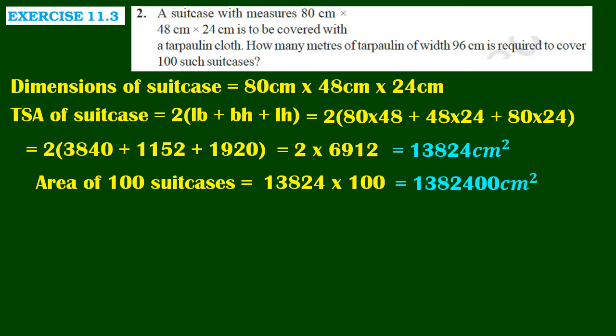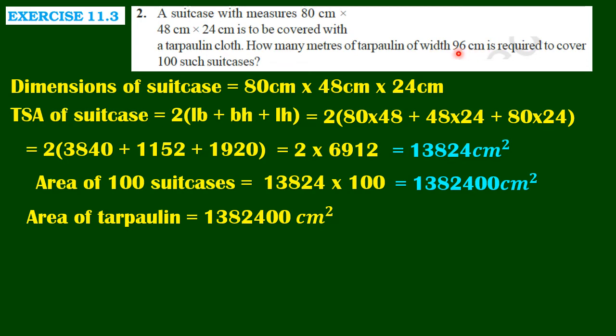So how many meters of tarpaulin of width? Tarpaulin means it's the shape of a rectangle, is it? So its width is given. So this total surface area of the suitcase is equal to the area of the tarpaulin, is it?